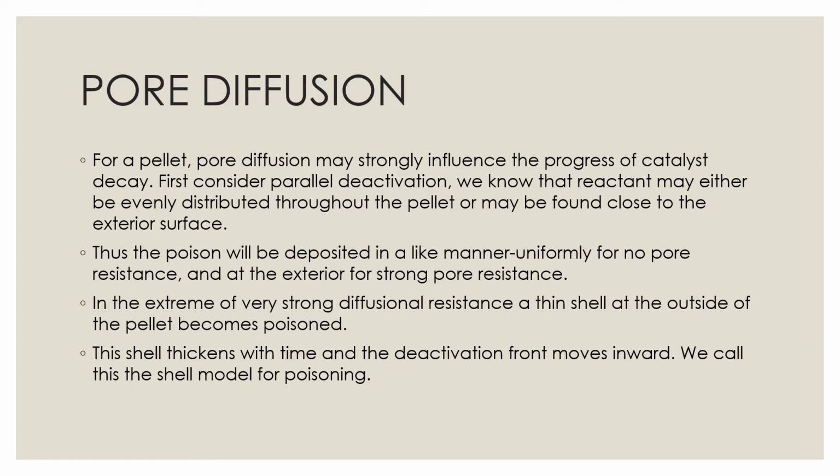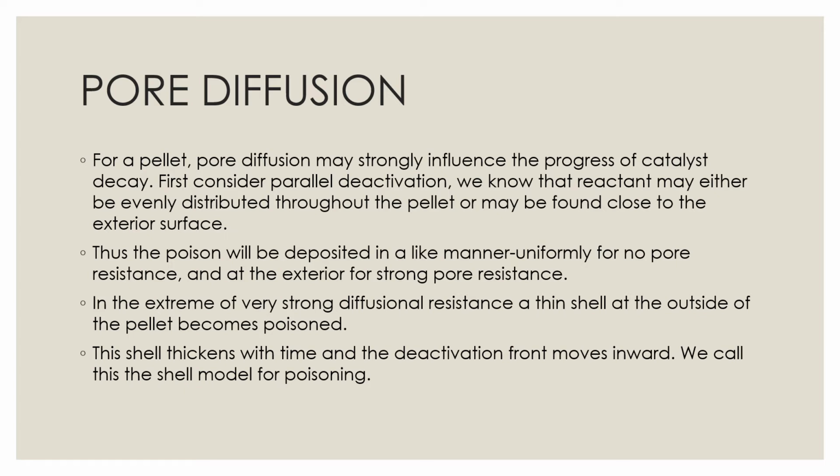Now moving on to the second factor, that is pore diffusion. For a pellet, pore diffusion may strongly influence the progress of catalyst decay. First, consider parallel deactivation. We know that reactant may either be evenly distributed throughout the pellet or may be found close to the exterior surface.